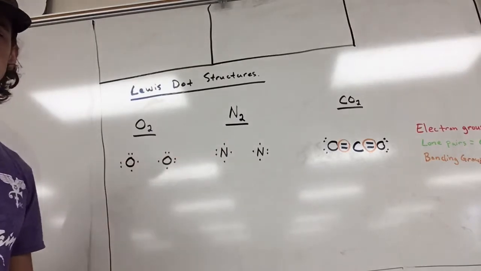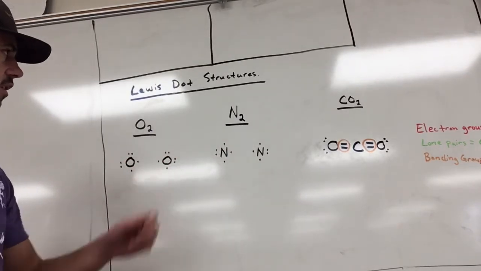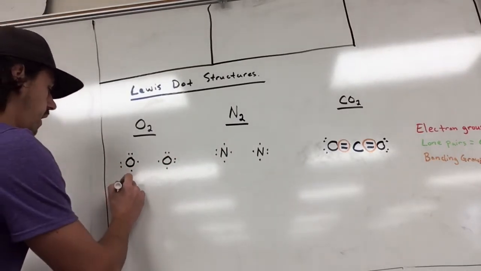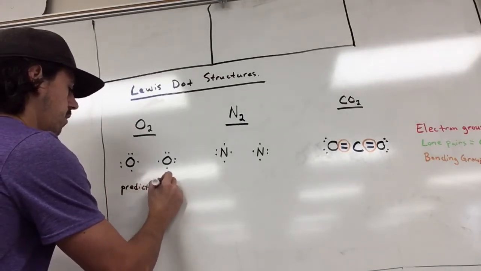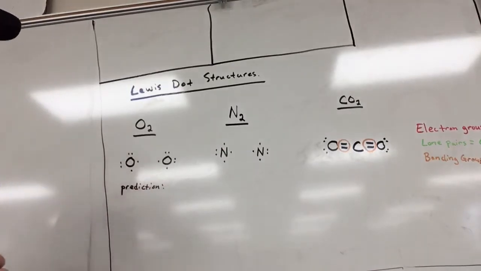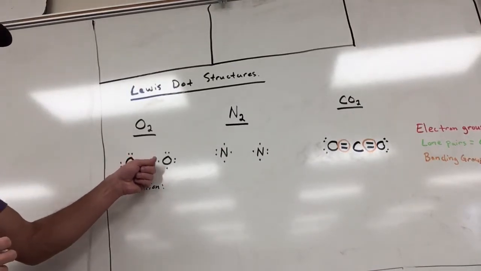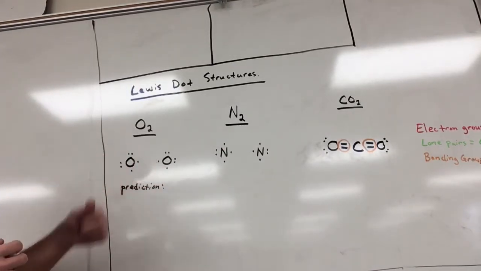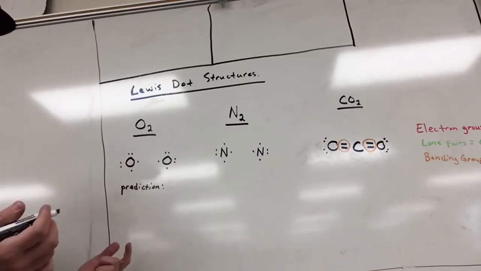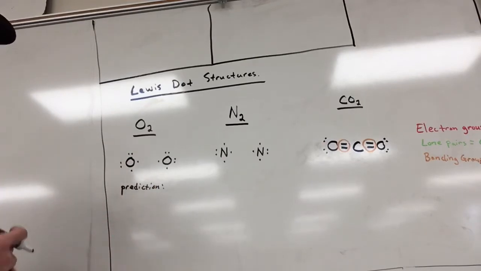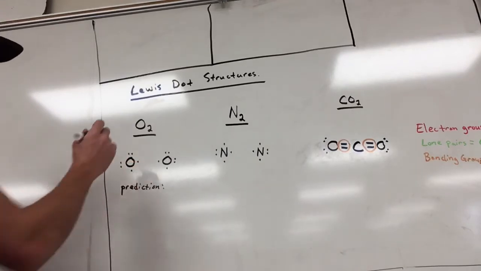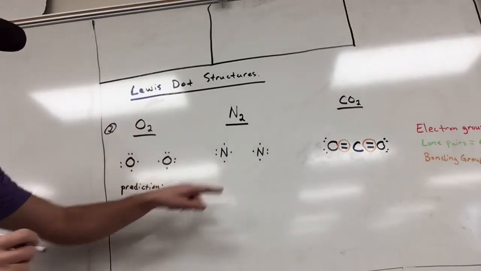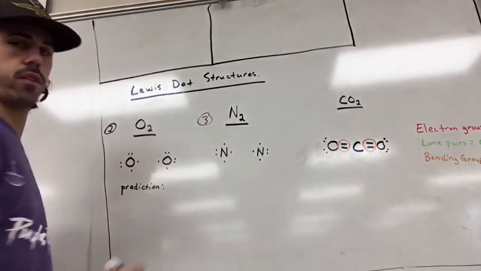So go ahead, using the Lewis dot structures, and write down your prediction. Just tell me whether you think it will be a single bond between them, double bond, triple bond, quadruple bond, whatever type of bond you think will exist between oxygen, so this is your number 2, and nitrogen is number 3.